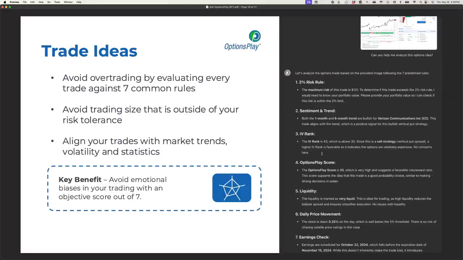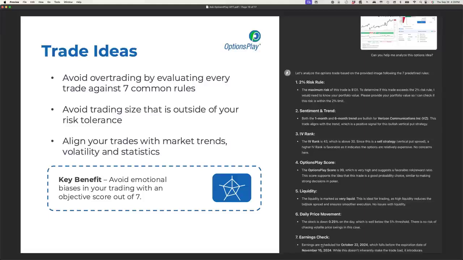Okay, so within trade ideas, what we're doing is predominantly helping you avoid overtrading and evaluating your trades against 7 common trading rules. This is generally speaking to avoid trading size that is outside of your risk tolerance, and make sure that the trades that you're trading align with things like market trends, volatility, statistics like liquidity, daily price movement, earnings check, IV rank. These are the types of things that we are checking for.